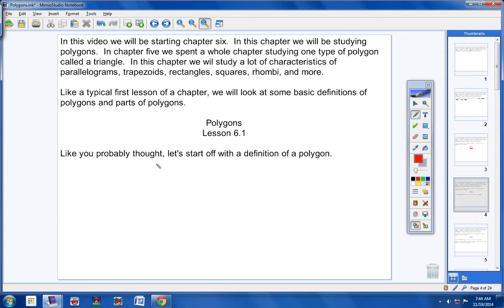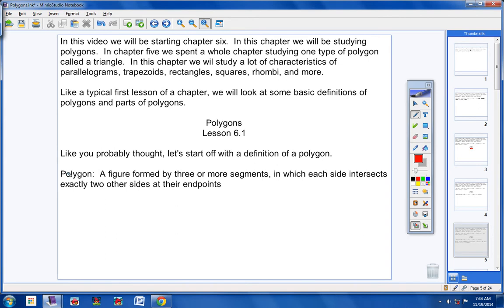Like you probably thought, let's start off with the definition of a polygon. Okay, here it is. Please copy this down. Polygon: a figure formed by three or more segments, now listen carefully, in which each side intersects exactly two other sides. And where do they intersect? The endpoints.